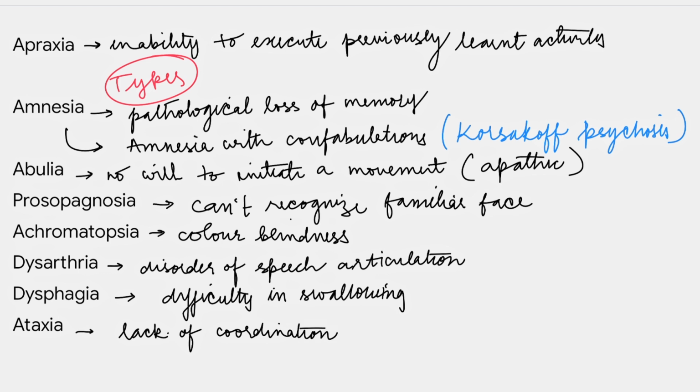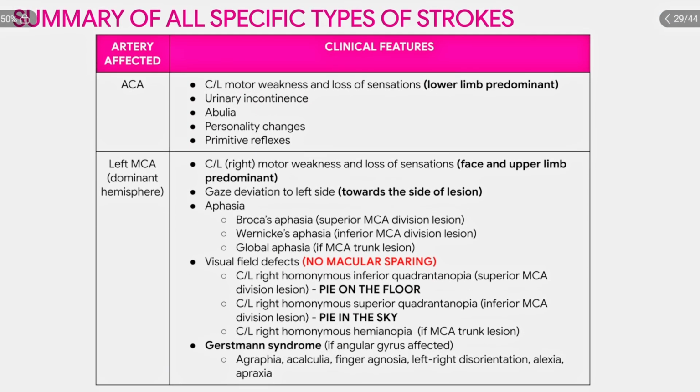This is a summary of all specific types of stroke. Now, ACA, which we didn't discuss in a lot of detail, but this we did. There'll be lower limb predominant weakness and loss of sensation. At this point, I'm not talking about contralateral and ipsilateral because you should know that by now. A few other specific symptoms: there can be urinary incontinence.